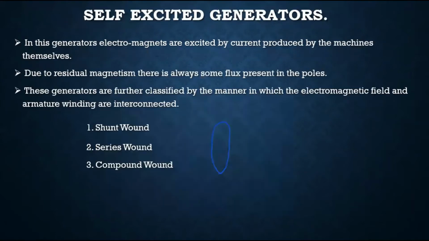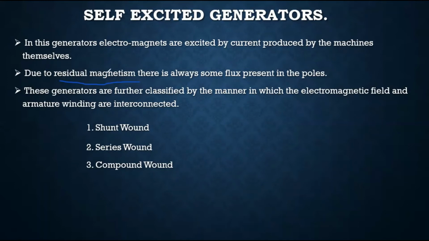Similarly, with an electromagnet, we also have self-excited generators. In self-excited generators, what happens is that they already have a residual magnetism present in them. Due to the residual magnetism, our generator will produce a small amount of current.